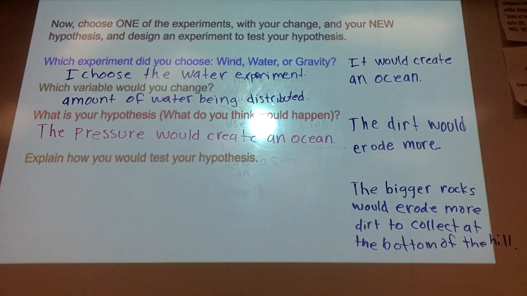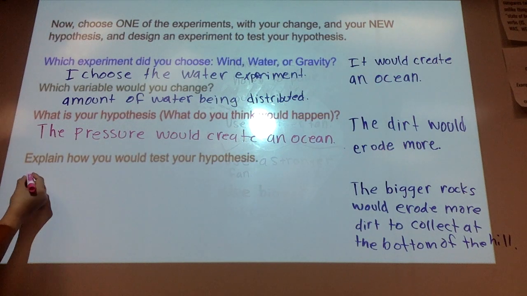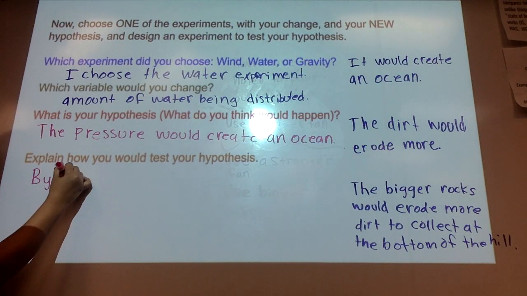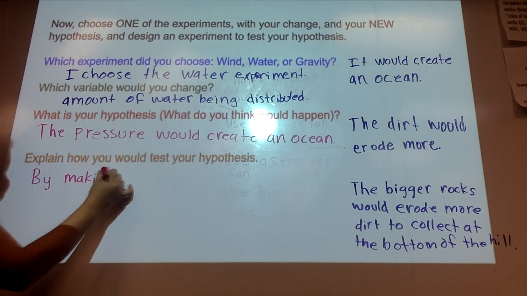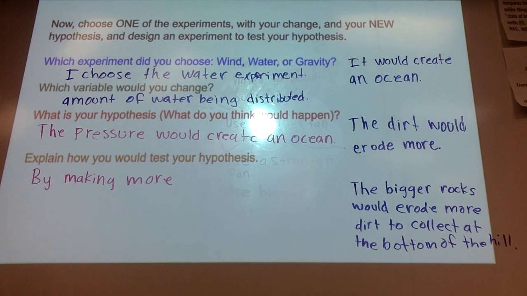Okay, explain how you would test your hypothesis. Okay, so what did we say? How would we test this? By making more what? By making more ledger. I said by doing the experiment. But you need to explain how you're going to do the experiment.